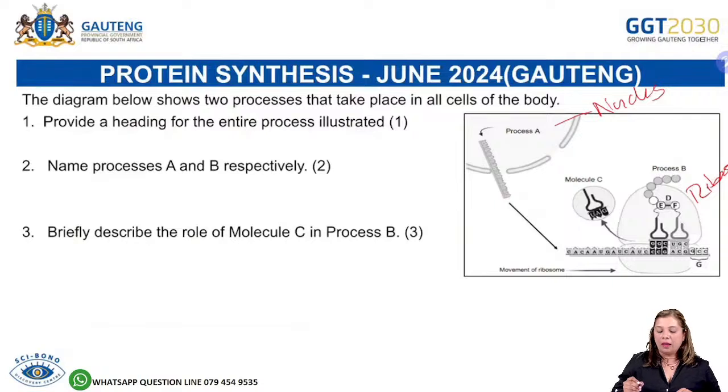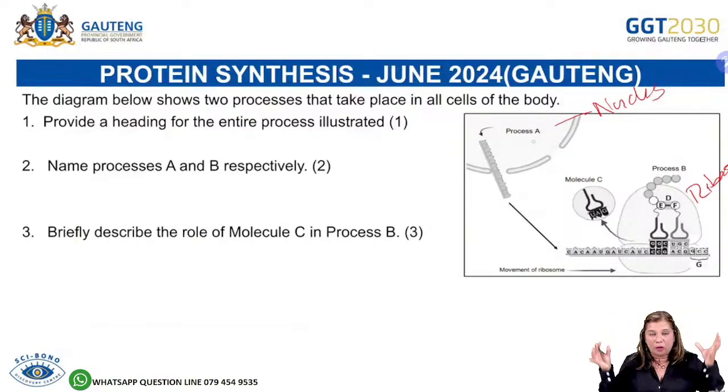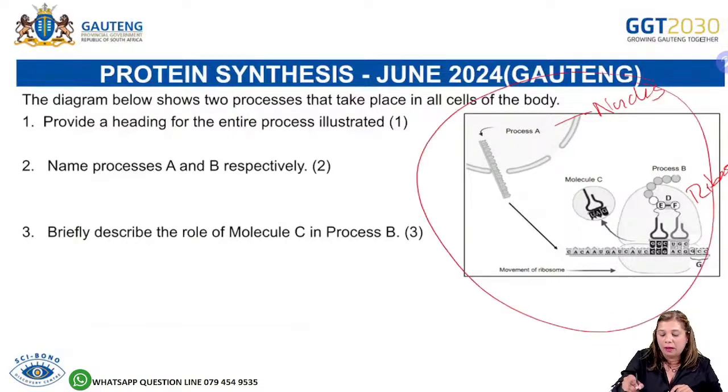And then the process. Now sometimes in the question, when we discuss the process, we can become confused, because the label for the whole diagram, this whole thing, is called protein synthesis.